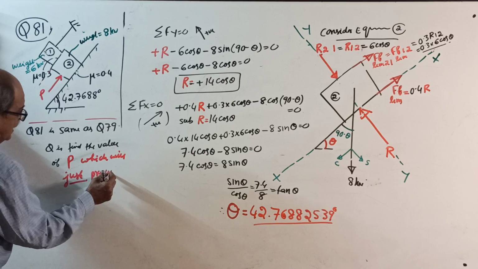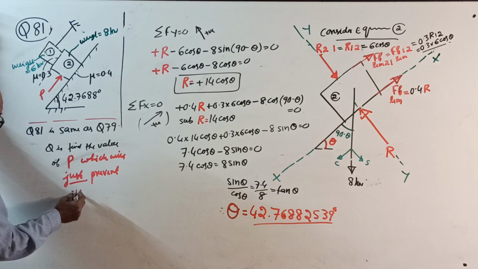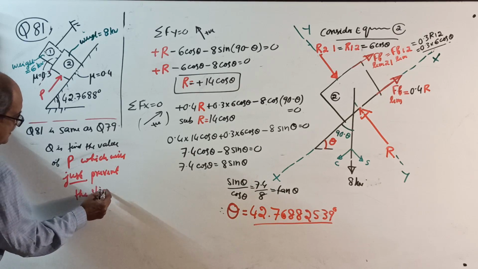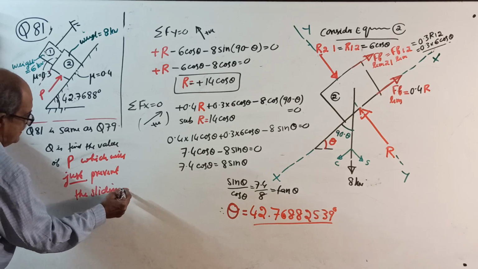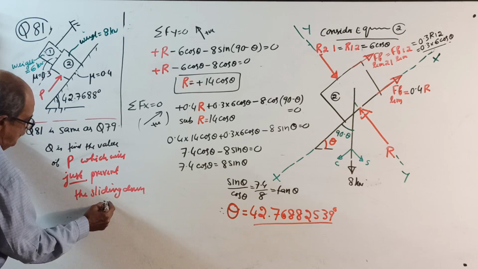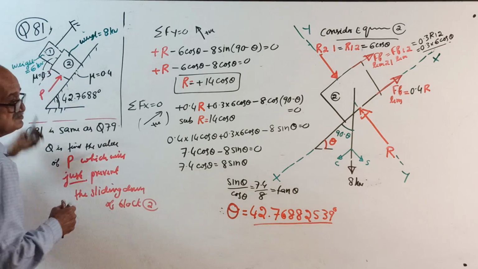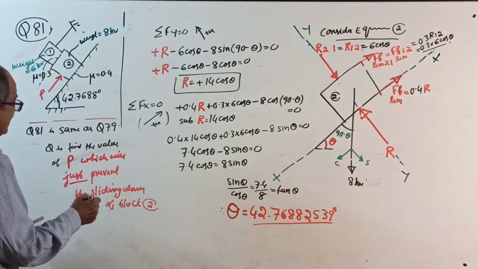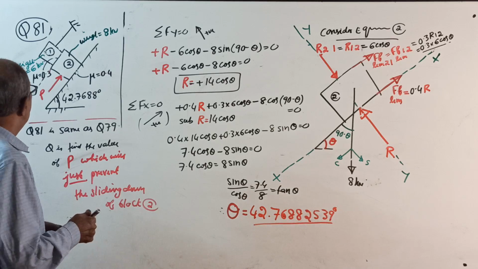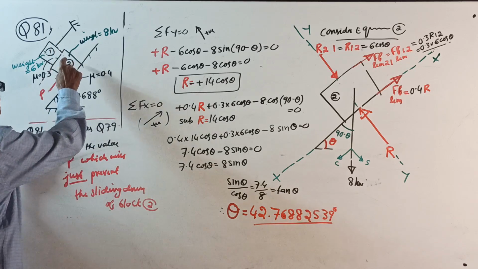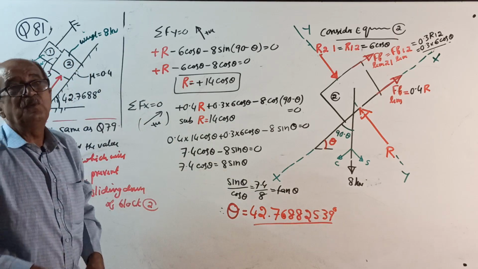On the verge of sliding, just to prevent the sliding down of block 2. Or you can write here, find for what value of P block 2 is on the verge of sliding down.